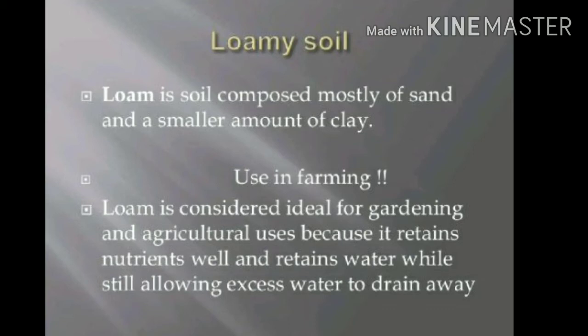Now see, loam is considered ideal for gardening and agriculture uses. What is the reason? Because it retains nutrients well and retains water, while still allowing excess water to drain out or drain away.